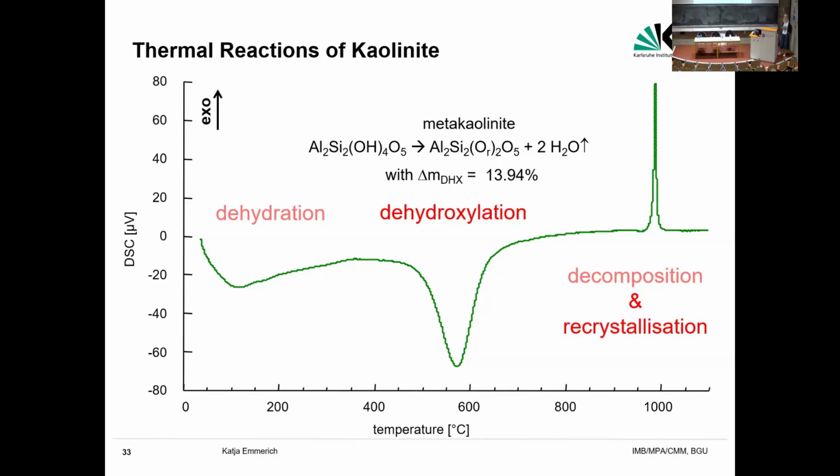Please remember roughly 14%, because this is what we need later during the exercise. This high mass loss is explained by the two water molecules evolved, compared to the one water molecule that is released during the dehydroxylation of 2-to-1 layer silicates.